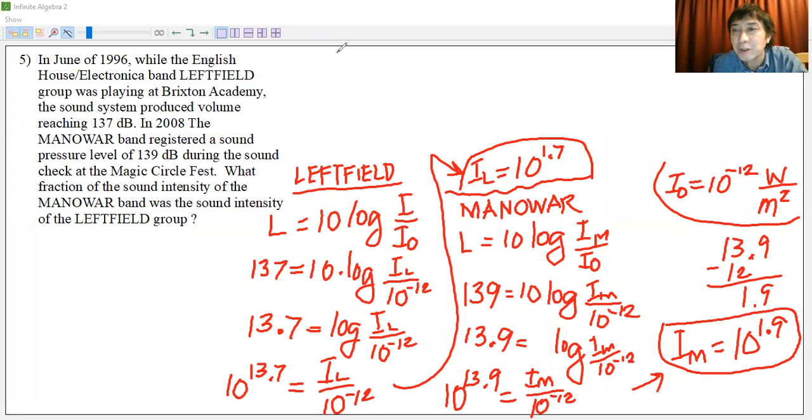A fraction is some number greater than 0 and not more than 1. So we will have to find that fraction and then multiply it by the larger to get the smaller left field sound level.